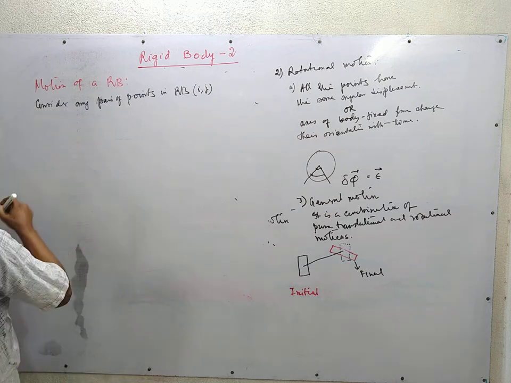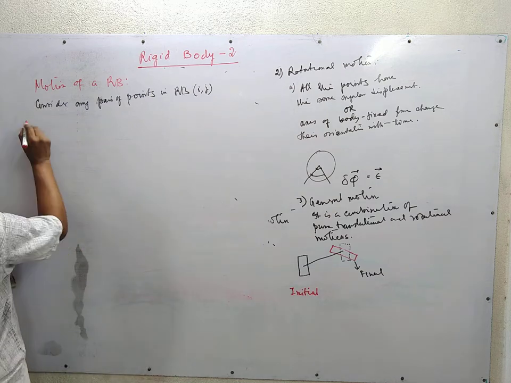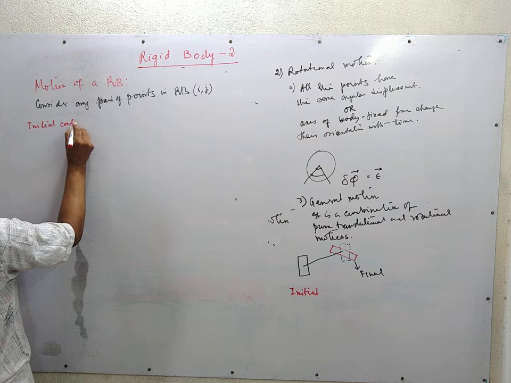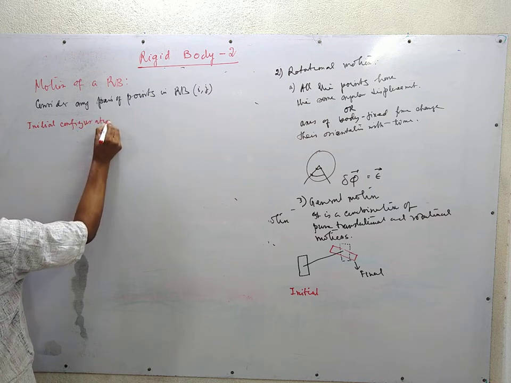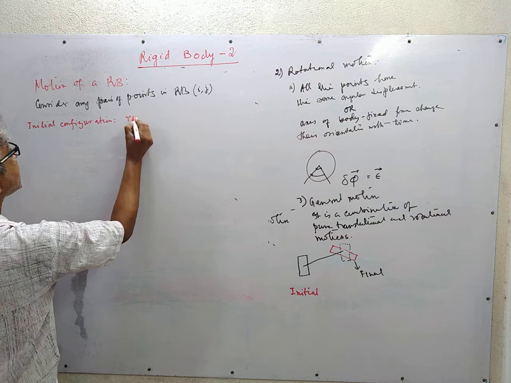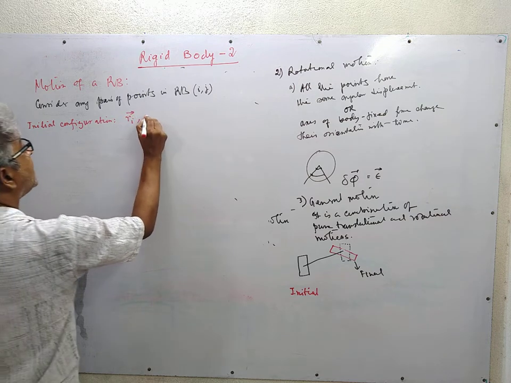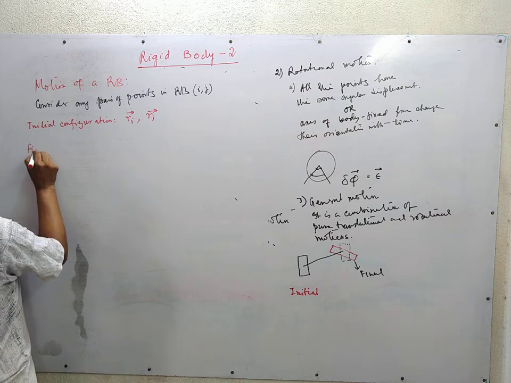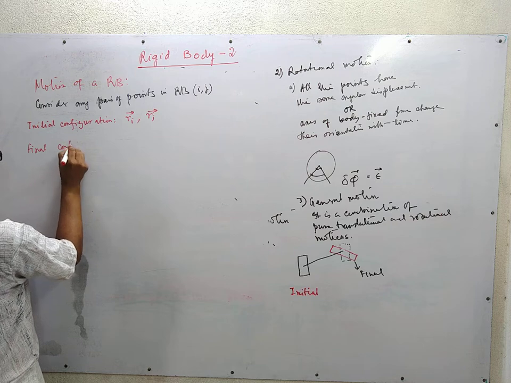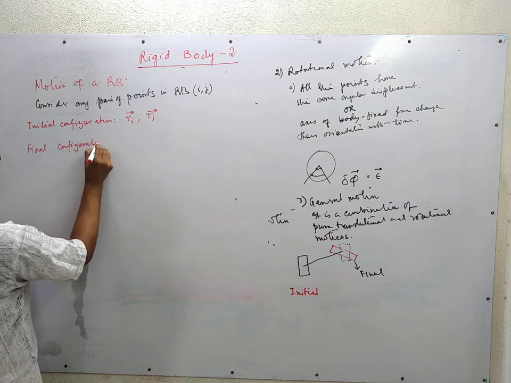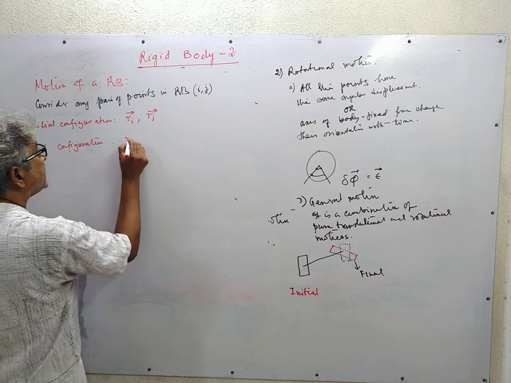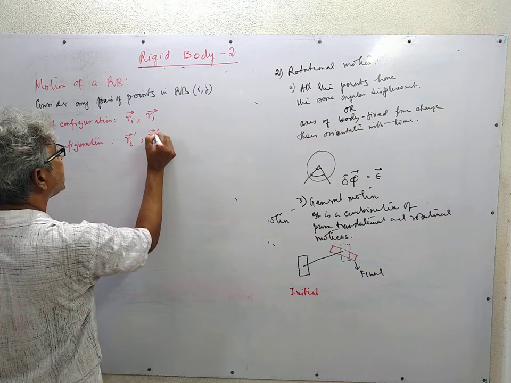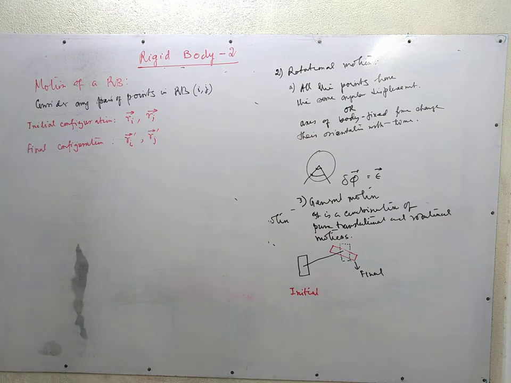So the initial configuration is this: the ith particle has position vector Ri and the jth particle has position vector Rj. In the final configuration, the ith particle changes to Ri prime, and the position vector of the jth particle changes to Rj prime.